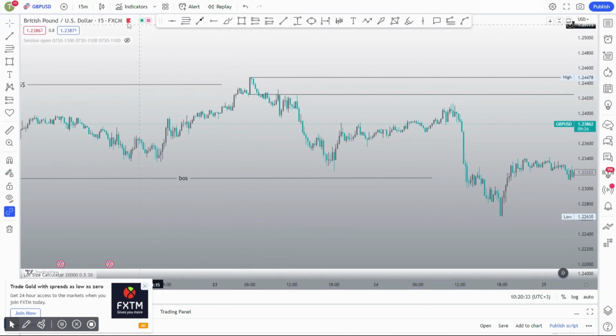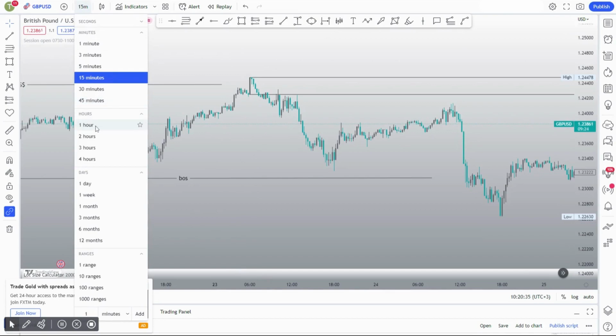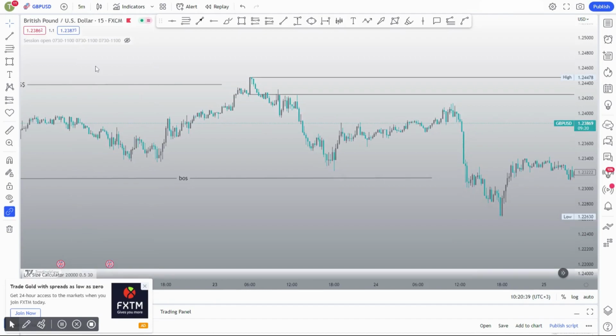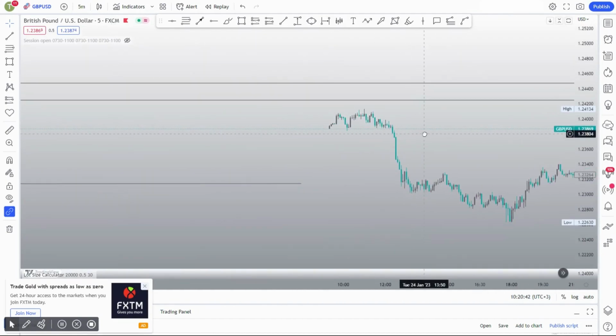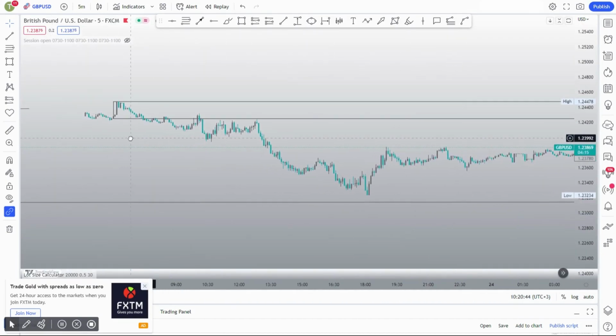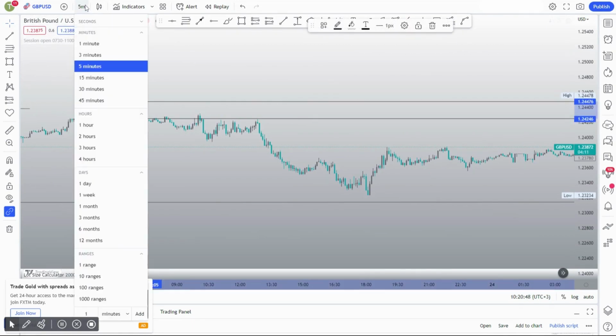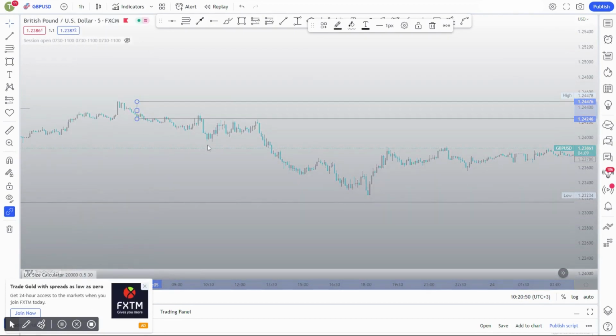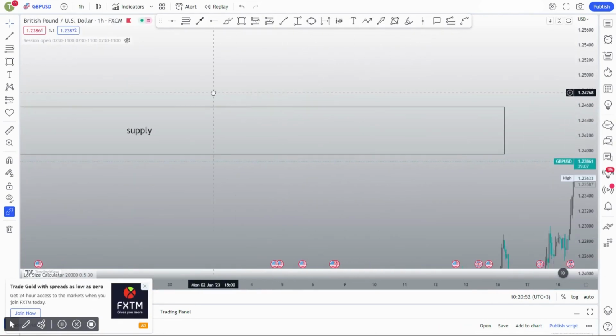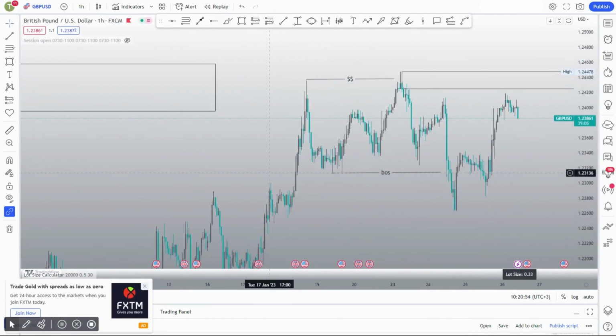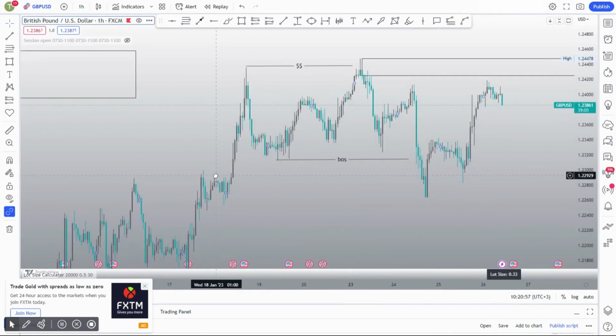So these are very powerful order blocks because they are on all time frames from 1 hour to 15 minutes. Let's just look at the 5 minutes time frame, and guys, still you can see these. So these are very powerful order blocks, and I know price must return to that zone before going down.